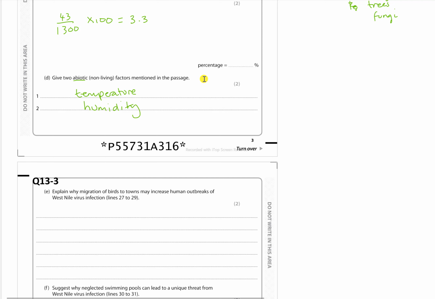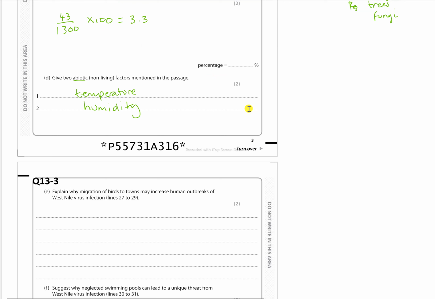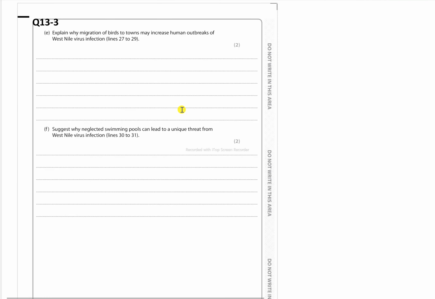Those are non-living, abiotic. Right. You could also mention, I suppose, rainfall, humidity. Would you class that as the same thing?